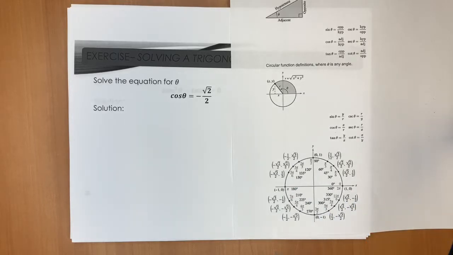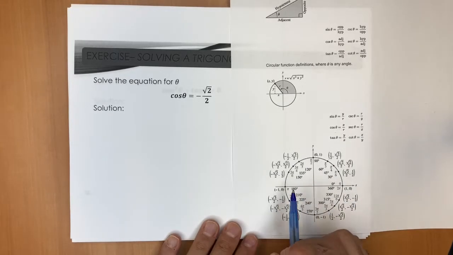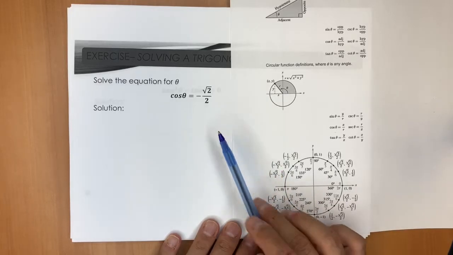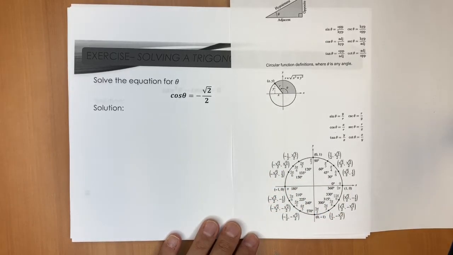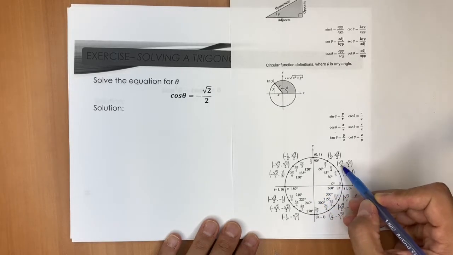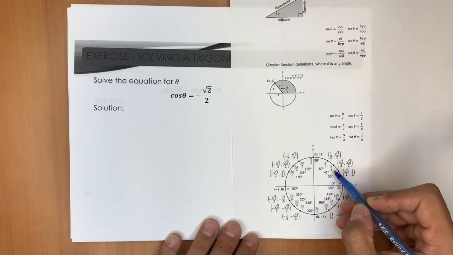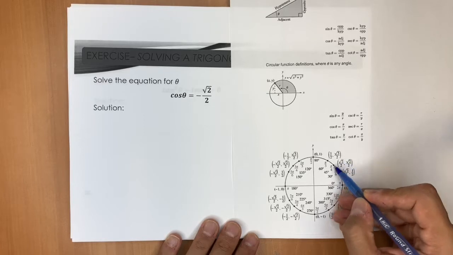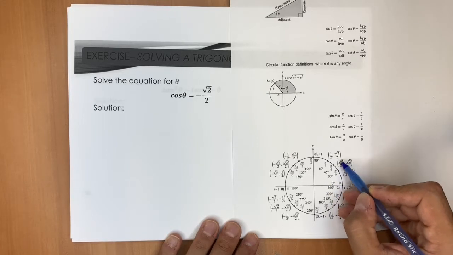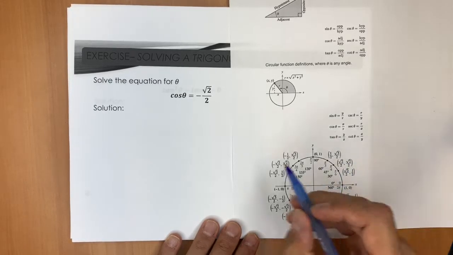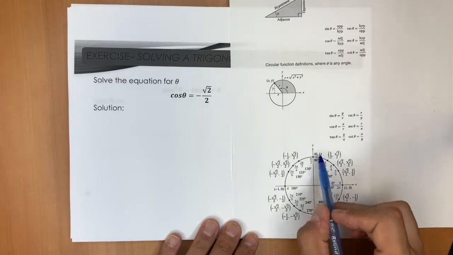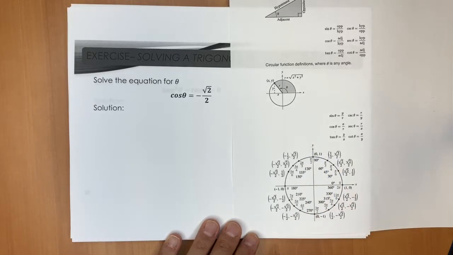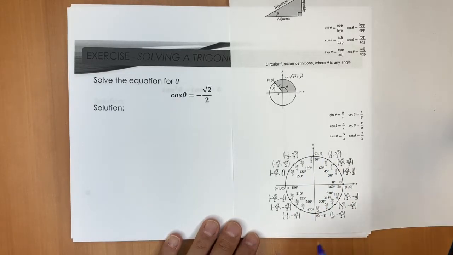If we can recover a point whose x-coordinate is negative root 2 over 2, we're done. Let's check. 45 degrees, or pi over 4 radians, corresponds to a point whose x-coordinate is root 2 over 2, but I'm looking for minus root 2 over 2. Here x-coordinates are all positive, so the first quadrant is not going to give me any theta.